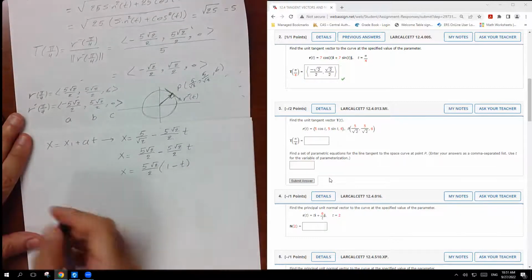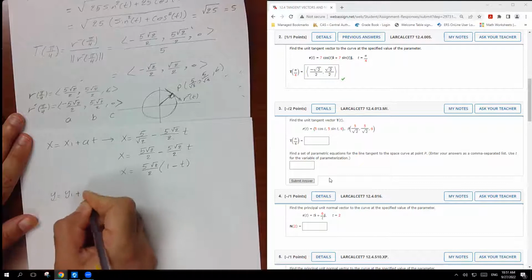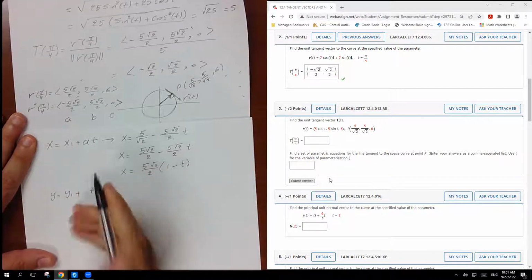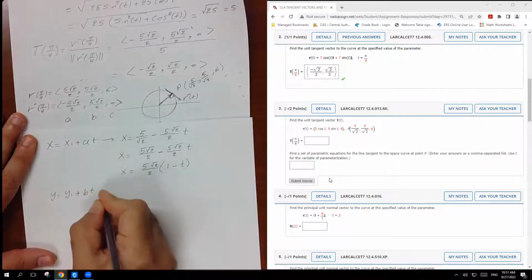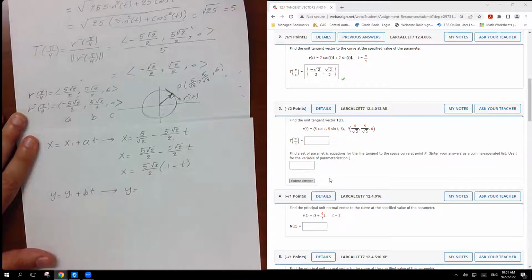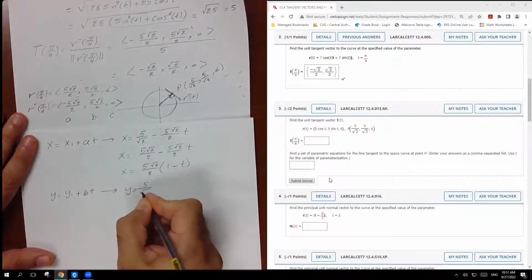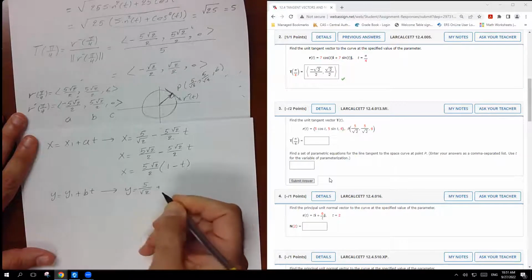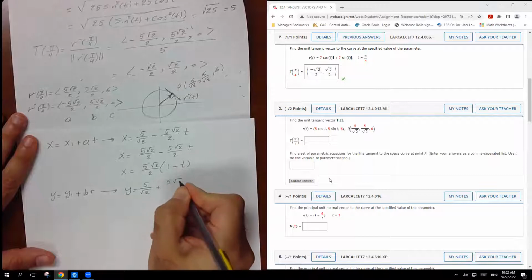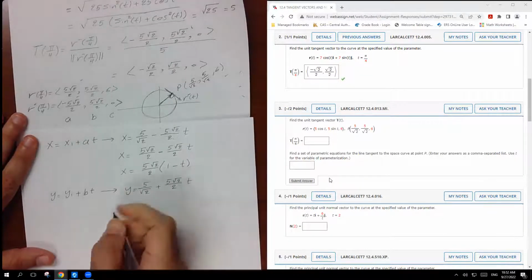So for the Y, it's going to be Y1 plus Bt, which means Y equals Y1, the second point, 5 over square root of 2, plus B, 5 square root of 2 divided by 2, and here is t.